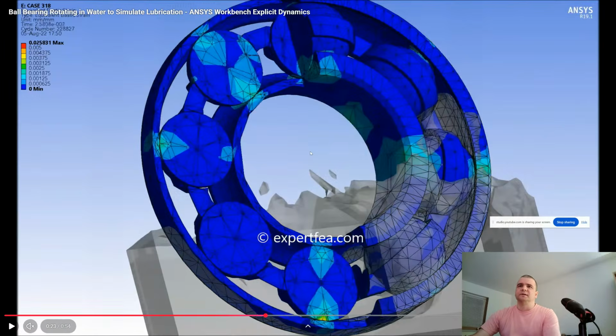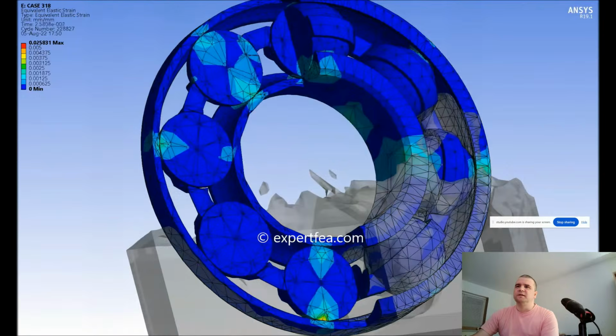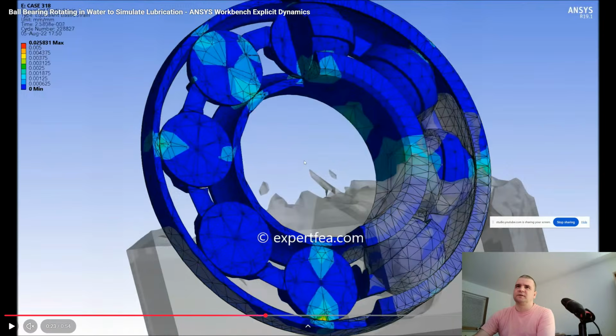Someone asked about simulating heat dissipation. I have shown that I have simulated heat dissipation in explicit dynamics using shell bodies.